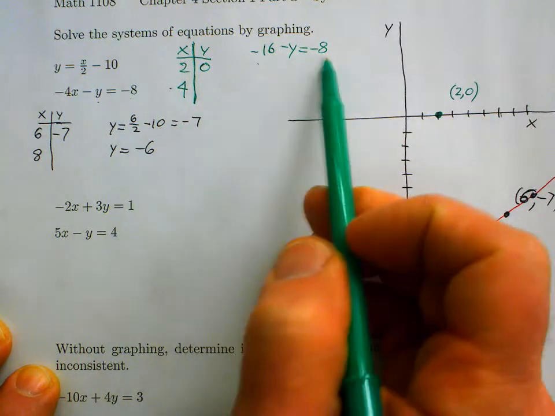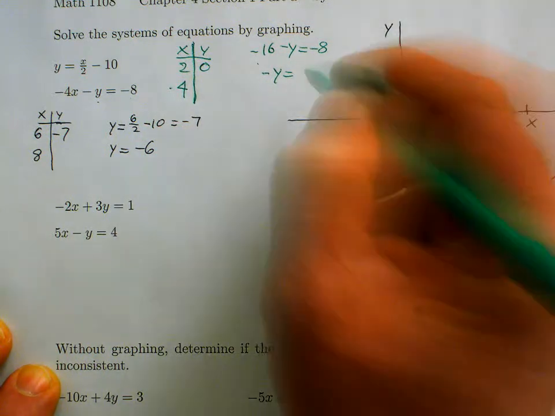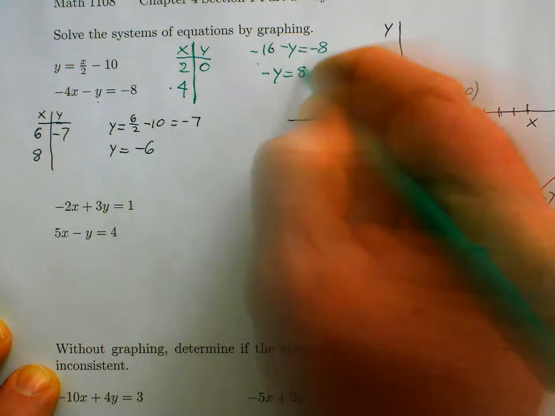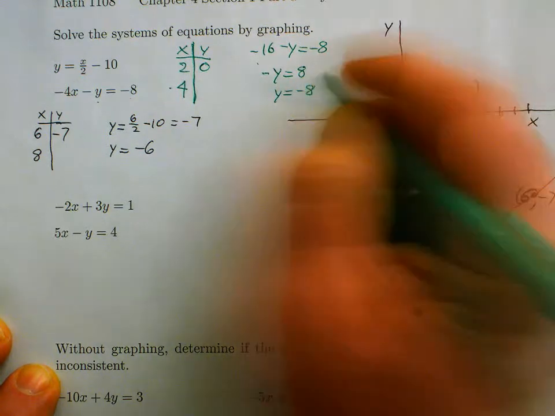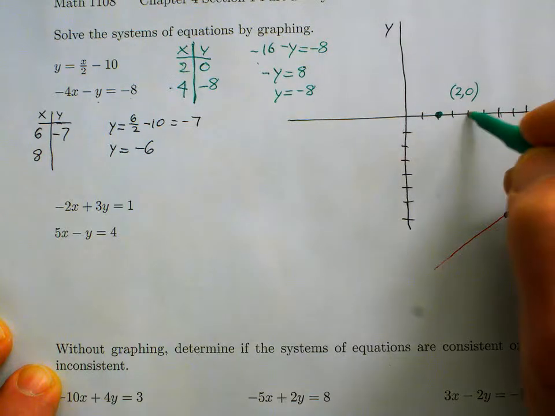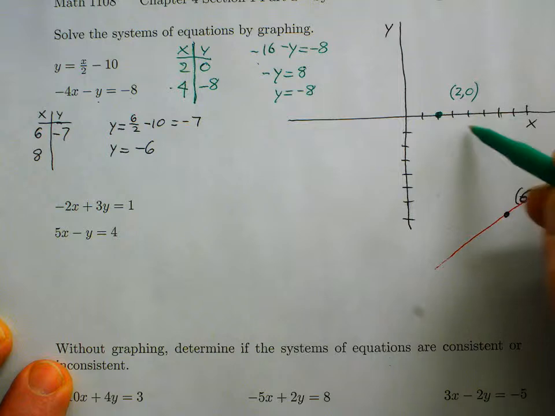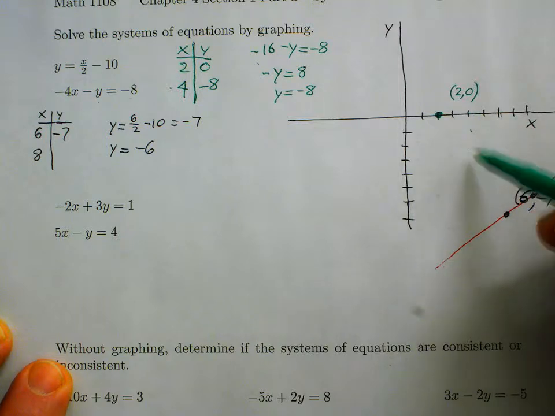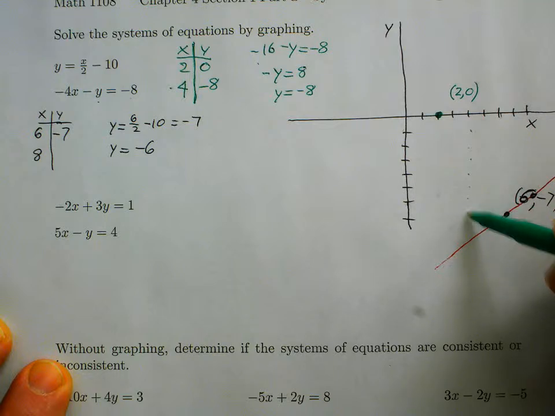Add 16 to both sides, I get negative y equals positive 8. And then divide both sides by negative 1, I get y equals negative 8. So the ordered pair 4, negative 8. So 1, 2, 3, 4, 5, 6, 7, 8.